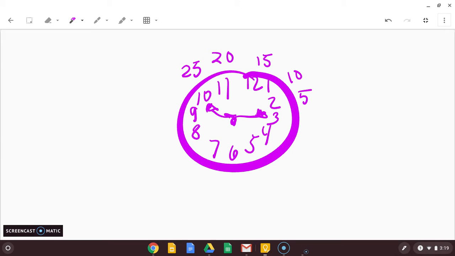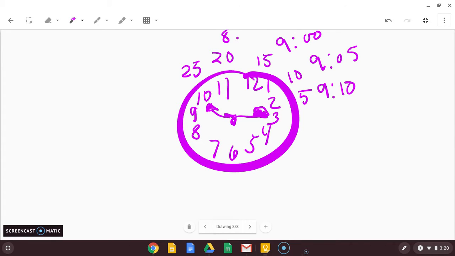If we're going backwards, we start at 9:15. Backwards from 9:15 would be 9:10, and then 9:05, and then 9 o'clock, and then 8:55, because now we're in the hour before, and then 8:50.